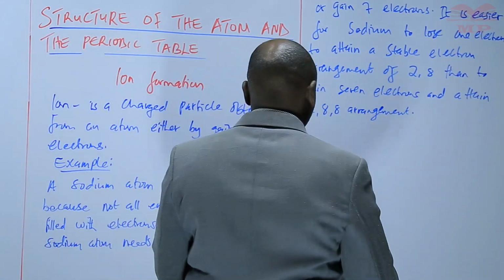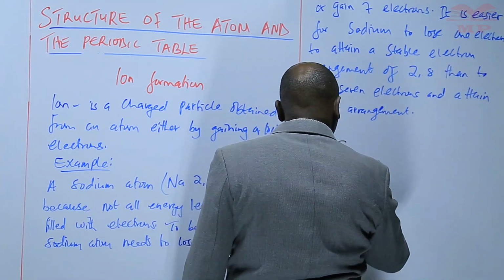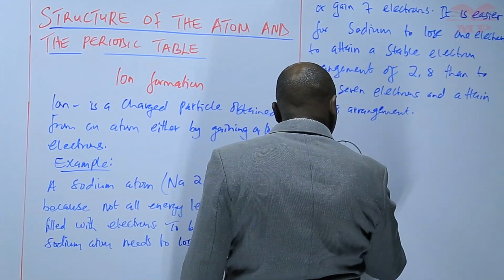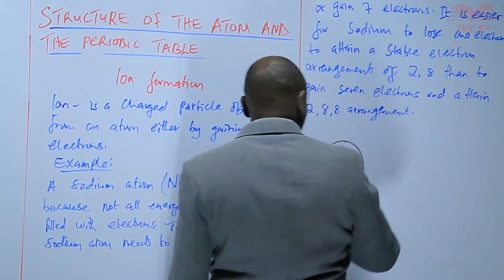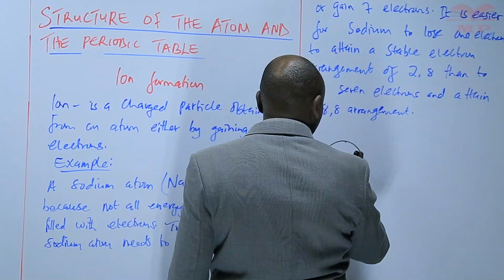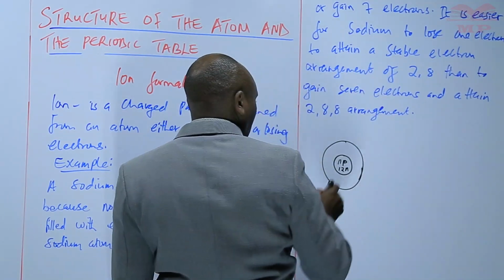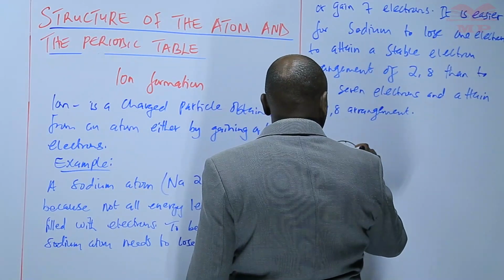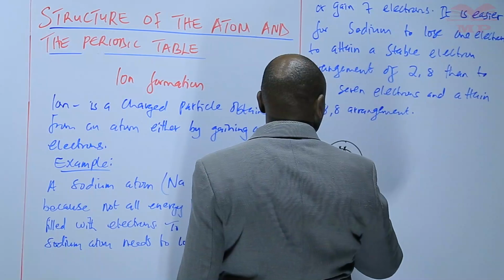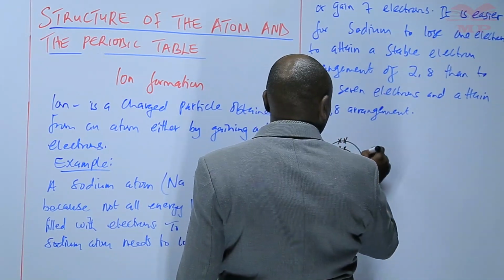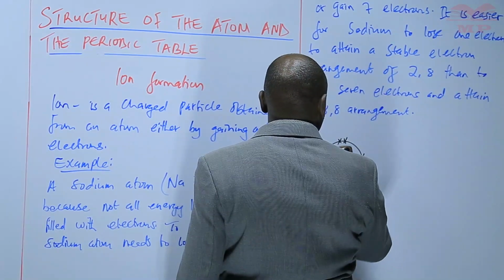So we have a sodium atom. In its nucleus, it has 11 protons, 12 neutrons. The energy levels have 2, 8, then 1.